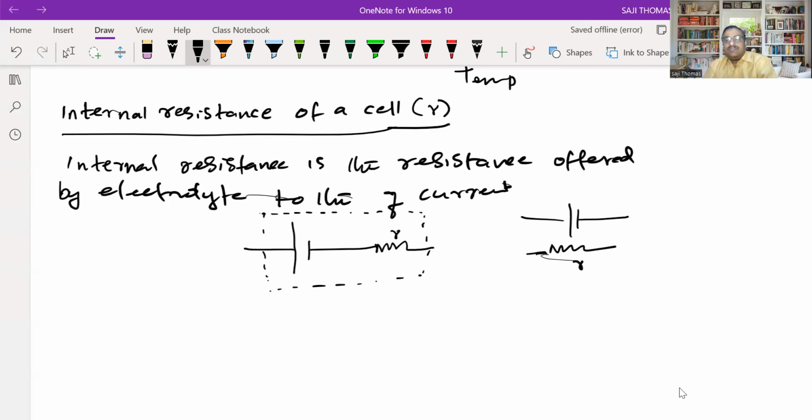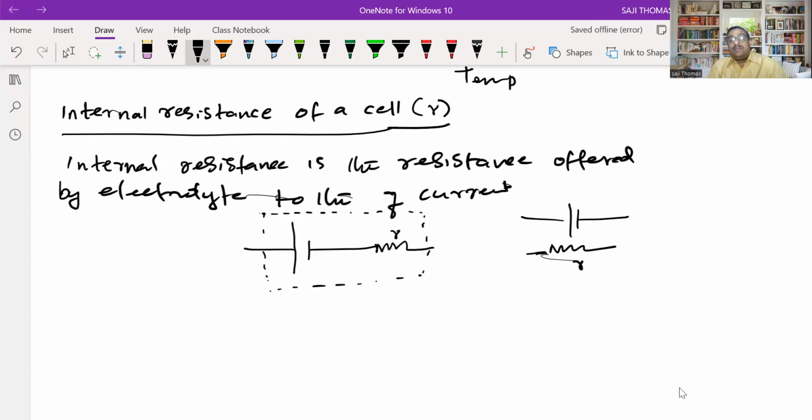What are the factors on which internal resistance depends? The internal resistance of a cell depends on the separation between the electrodes. If the separation is more, internal resistance will be higher. Second, it depends on the nature of the electrolyte. For different electrolytes, internal resistance will be different.